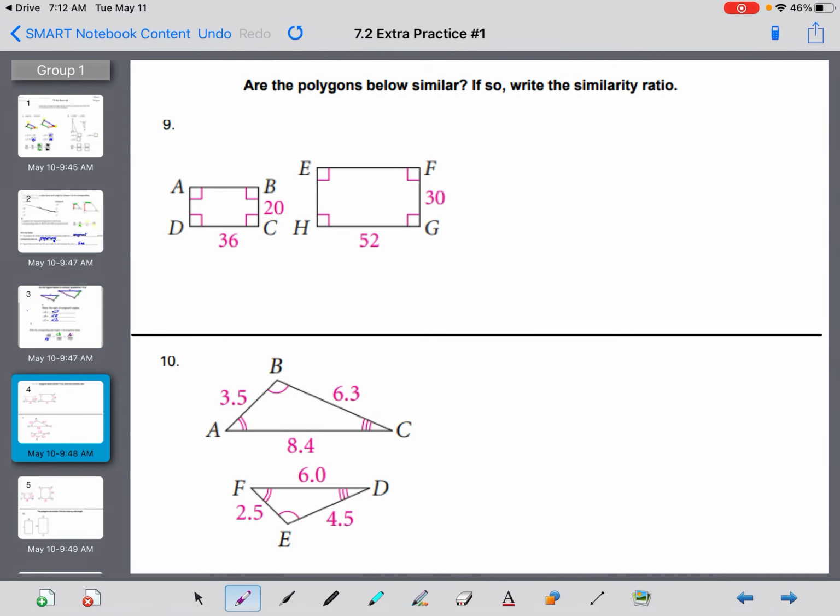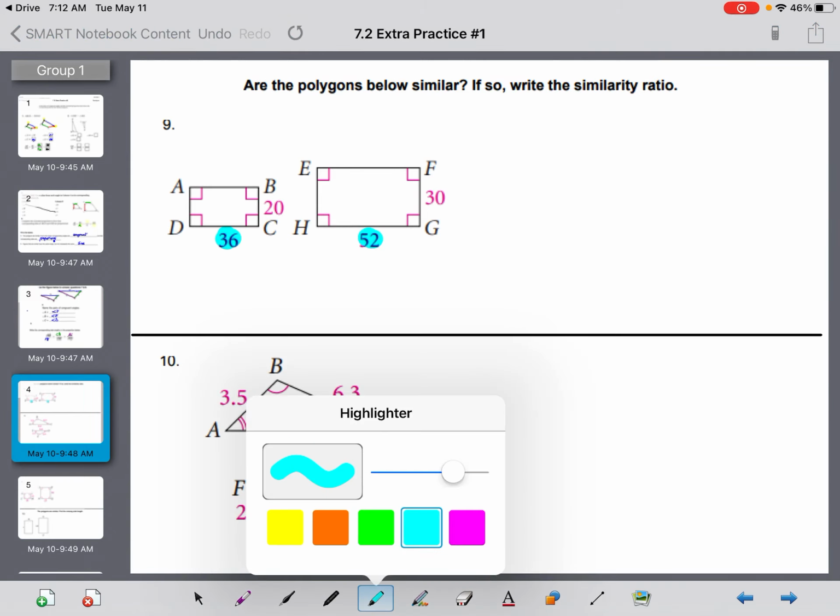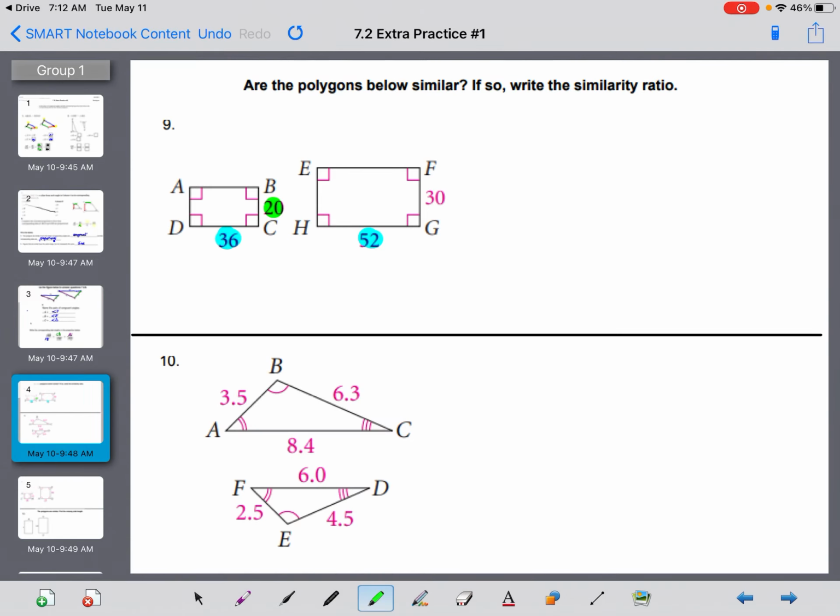Are the polygons below similar? If so, write the similarity ratio. Okay, well, you have 36 that is proportional to 52, and we have 20 that's proportional to 30. So let's set those up. 36 over 52 needs to be equal to 20 over 30. Okay, let me grab my calculator.